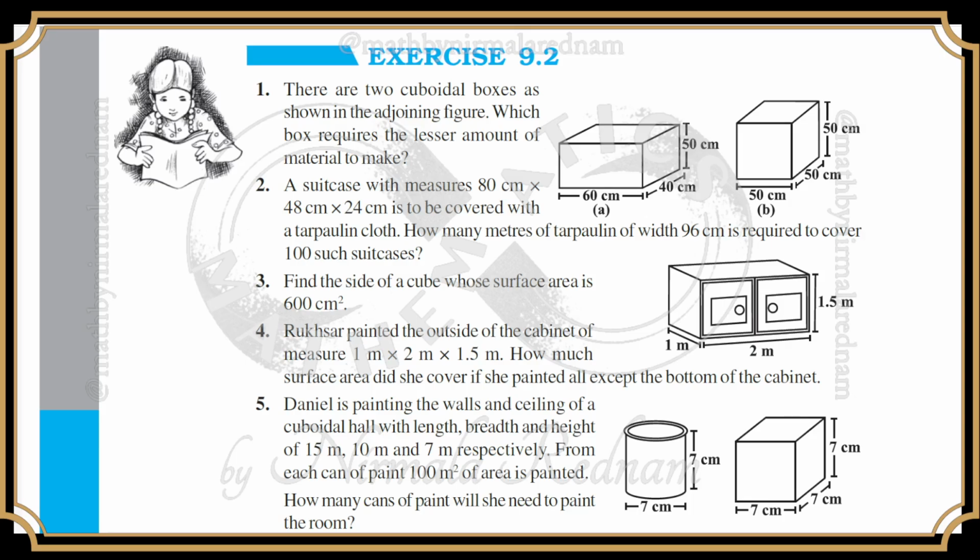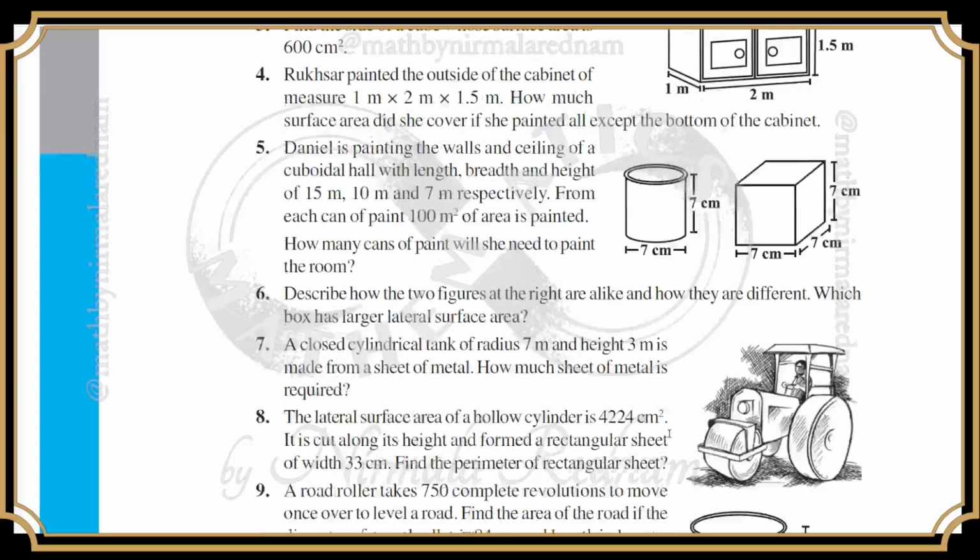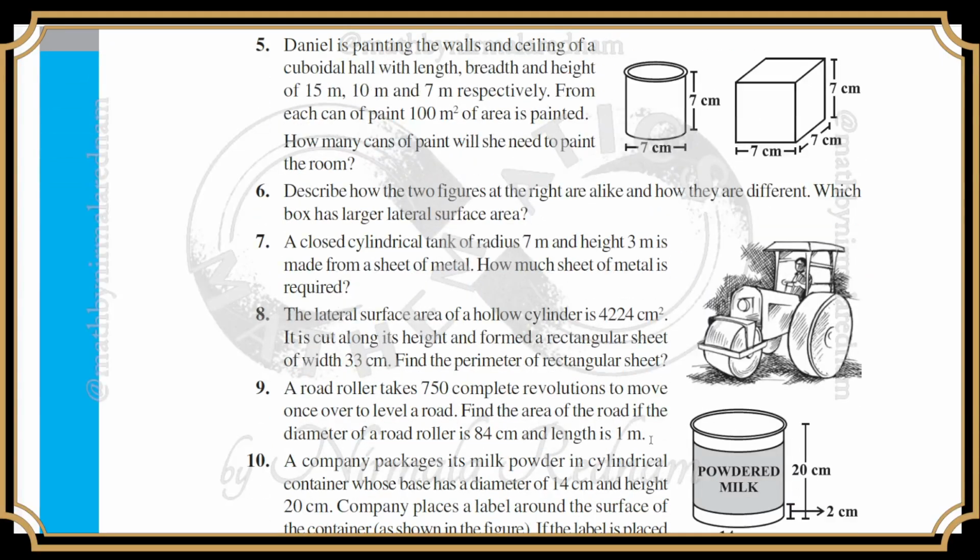Next, Daniel is painting the walls and ceiling of a cuboidal hall with length, breadth, height as 15, 10 and 7 meters respectively. From each can of paint, 100 meters square of area is painted. How many cans of paint will she need to paint the room? So let me scroll it up. Right. So now they're asking us, they have given the dimensions, right?